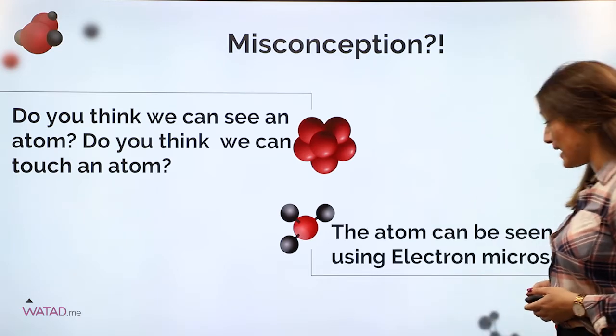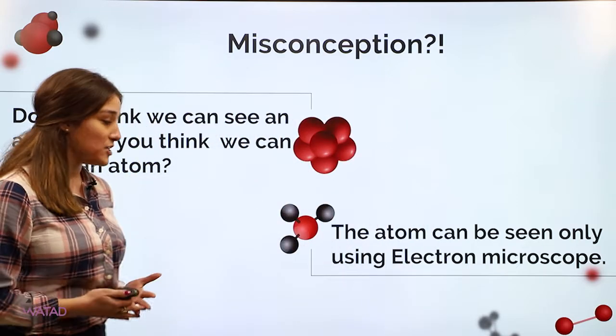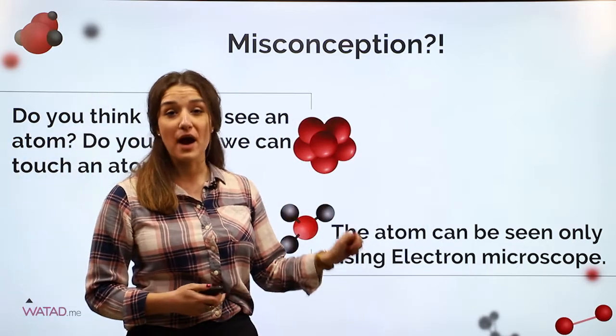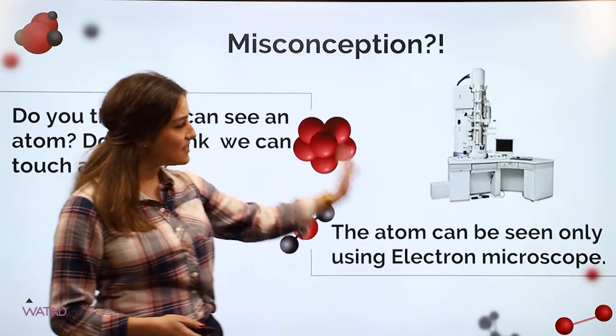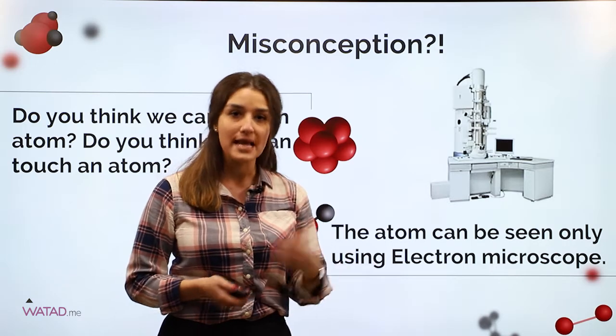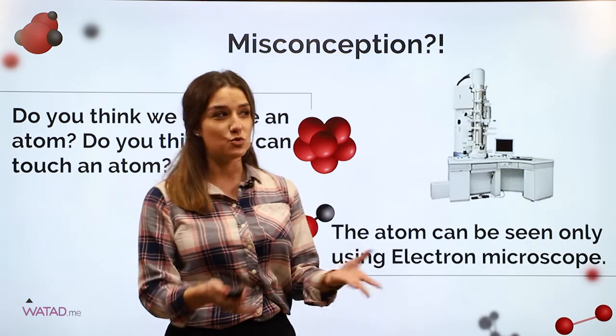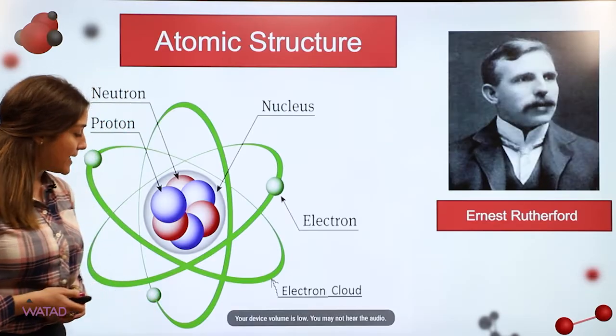Actually, we can see an atom, but this is by using a specific type of microscope, which is called the electron microscope. If we observe the structure of the electron microscope, it's much more complex than the microscope that we usually use in our school labs. So this is the main idea.